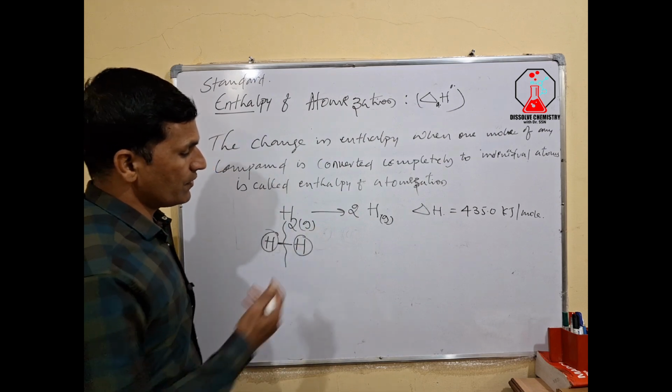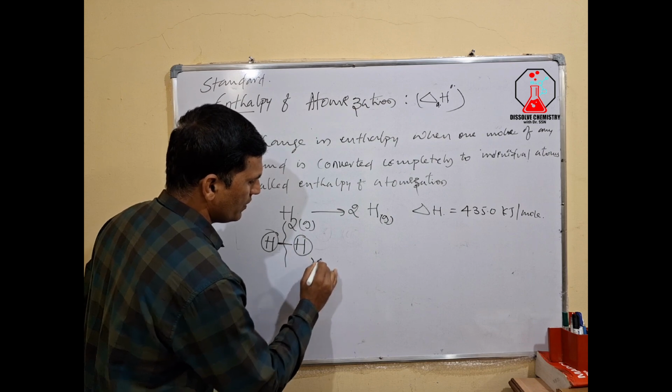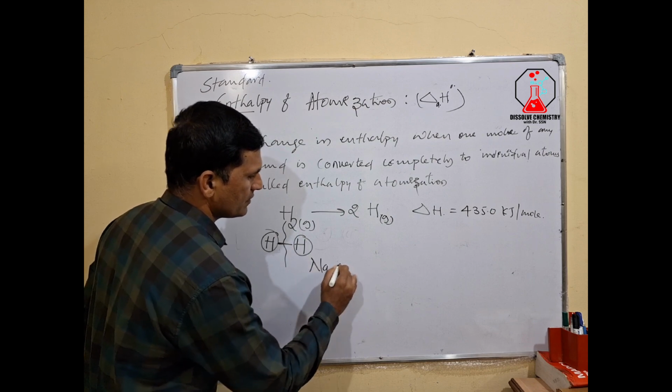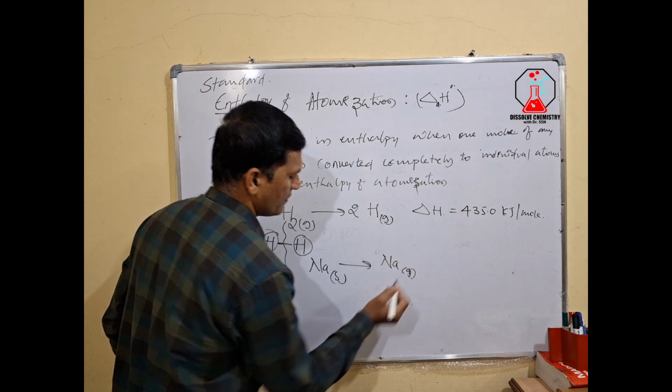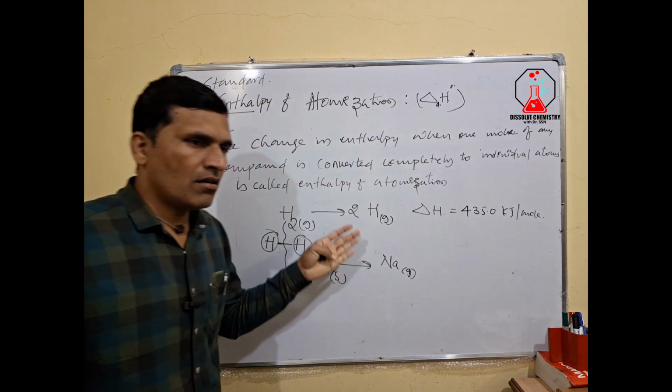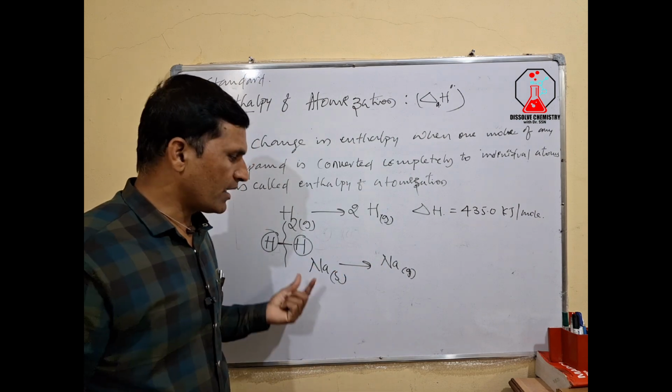In the case of a crystal like solid sodium, if you want to convert it into sodium gas, in the solid all the atoms are compactly packed with metallic forces.